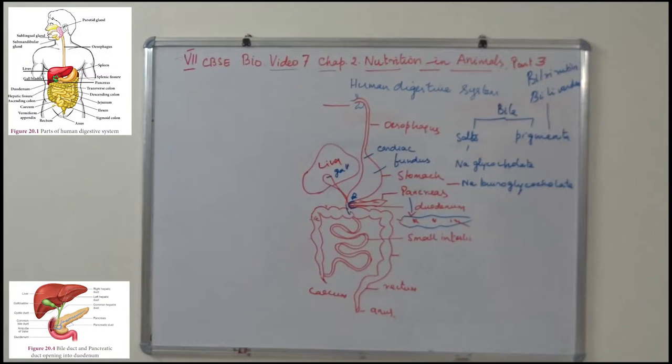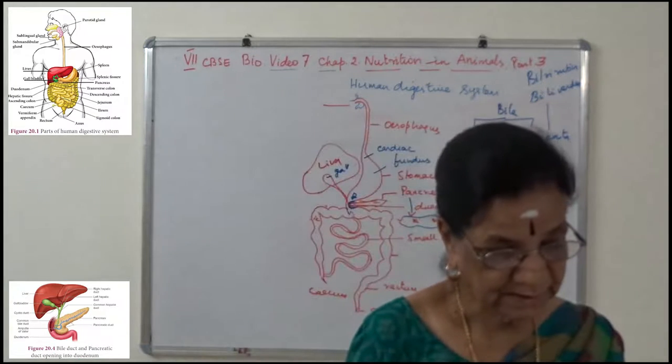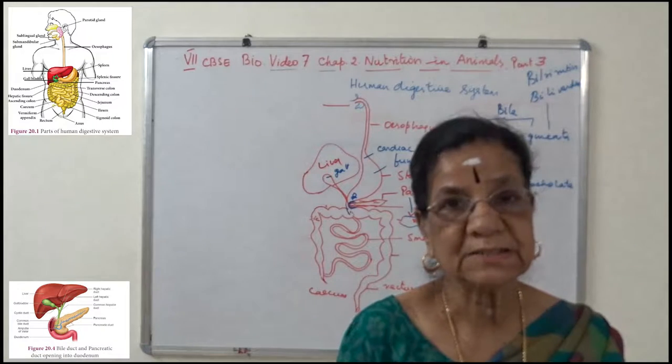So HCl secreted by oxyntic cells makes the medium acidic. I hope you understand this.